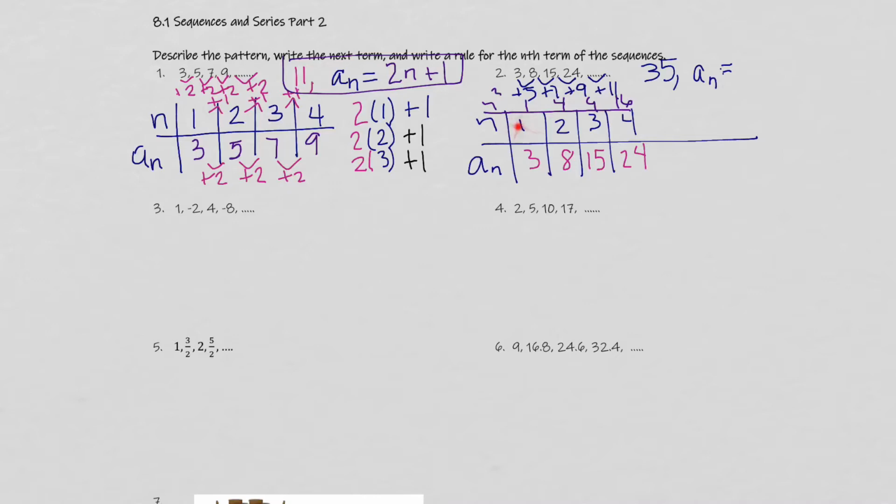So if I look at that, we said 2, 4, 6, 8. That's actually 2 times each one of these, right?